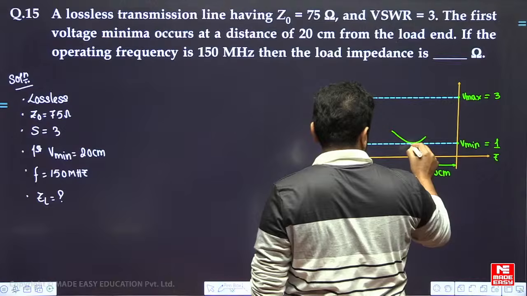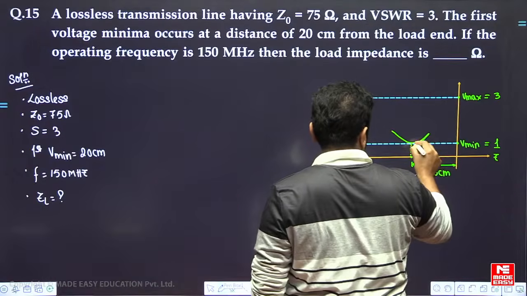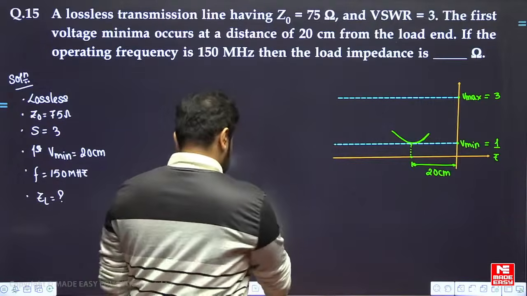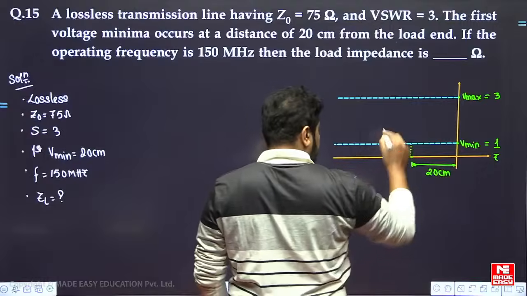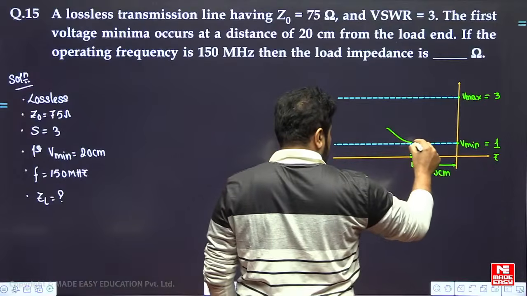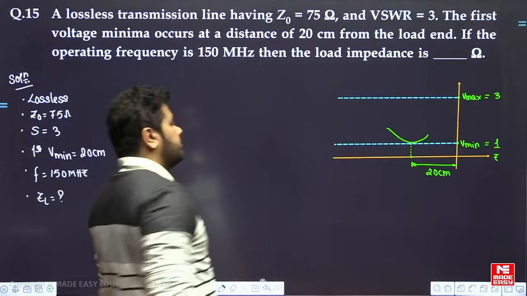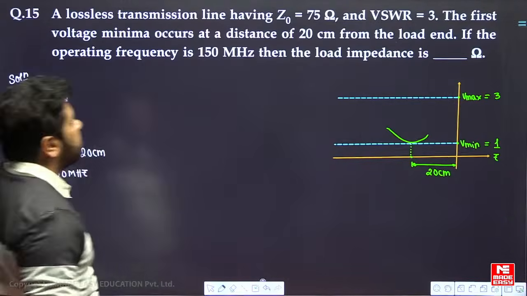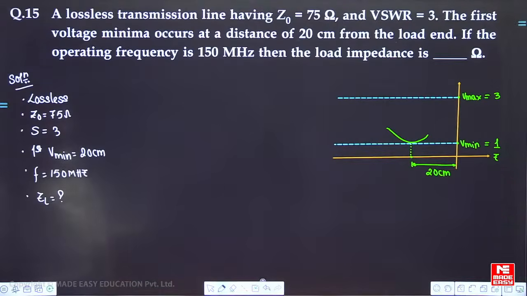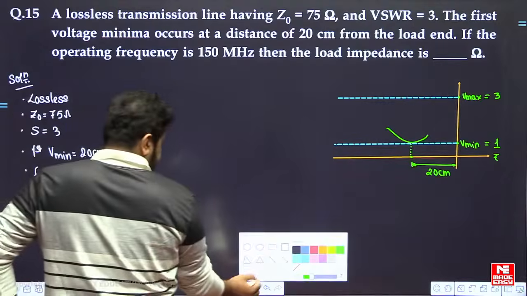So let us say this is the first voltage minima, and this distance is given as 20 centimeter. So how will you do it?